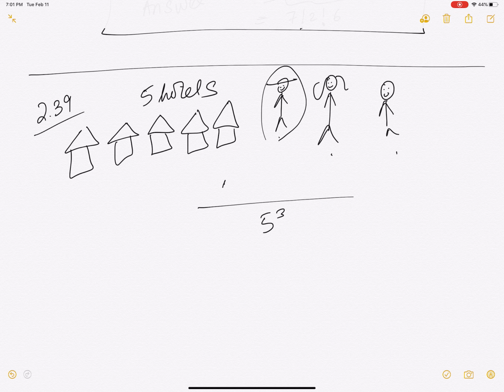You can have 5 choices for that person. Then for the second person, there's 4 choices, and for the third person, there's 3 choices. Or if you wanted, you could do 5P3, whatever you want to call the numerator. So what would this be? 12 over 25. That's the probability that all 3 of them end up in different hotels.